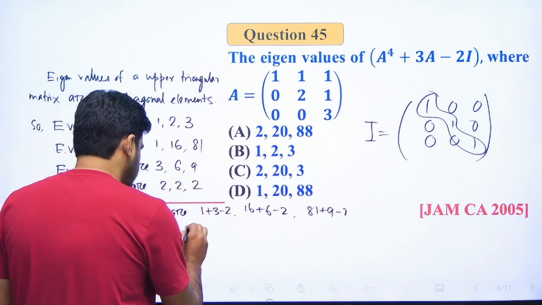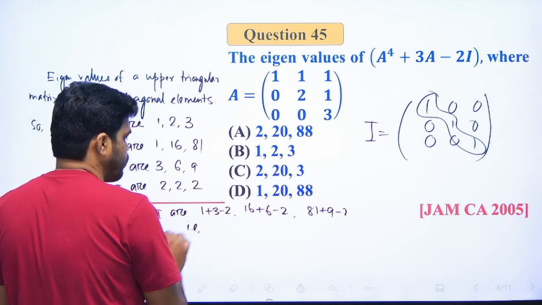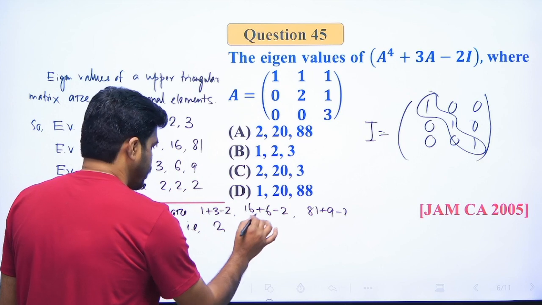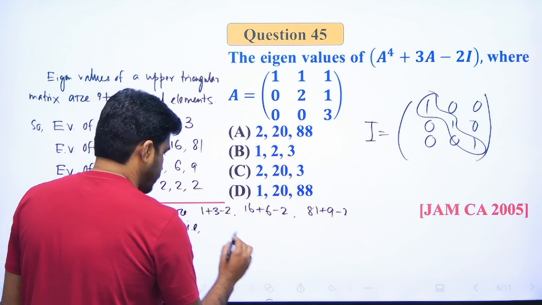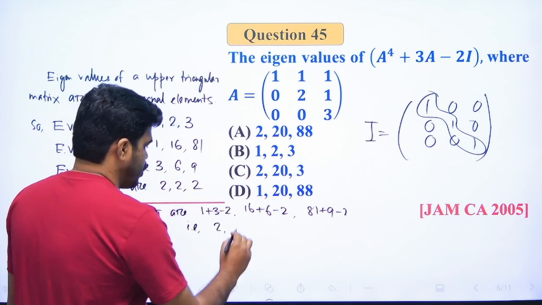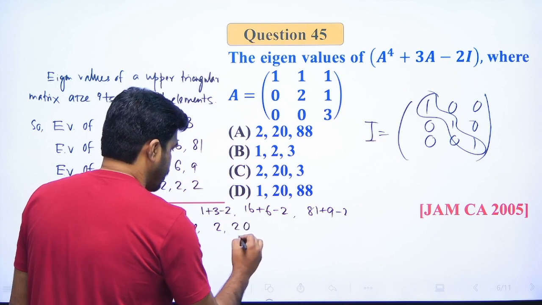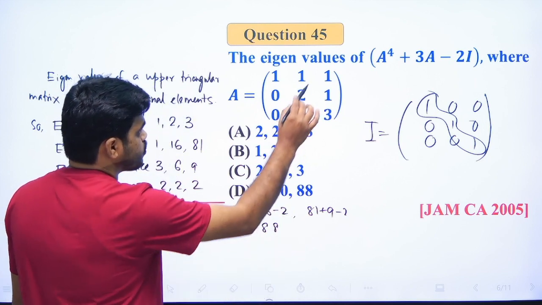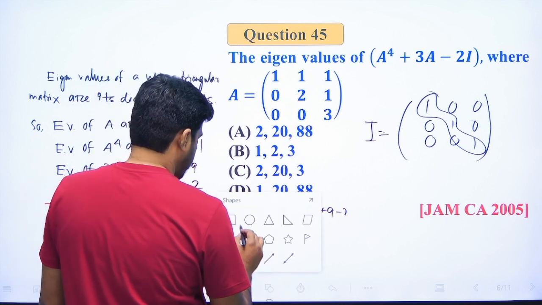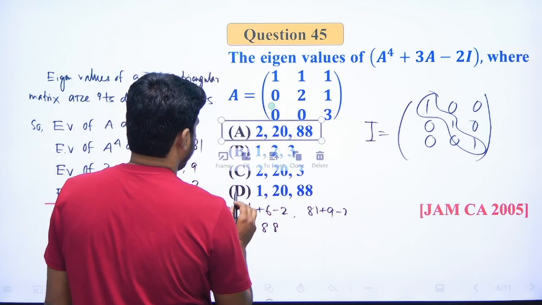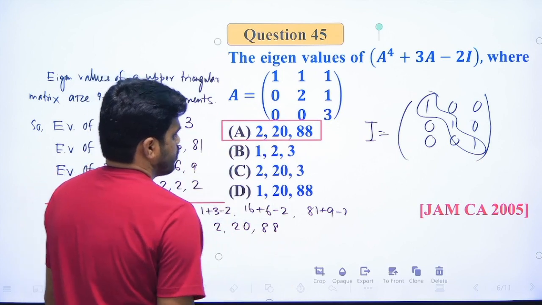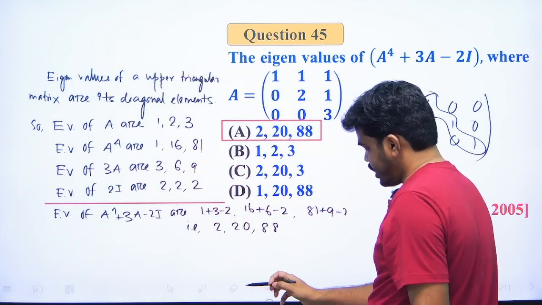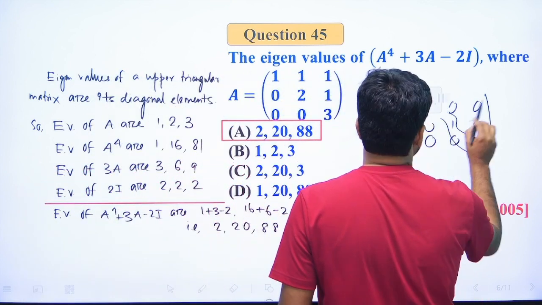So that is 3 plus 1, 4, 4 minus 2 is 2. So 2, comma, 20, comma, 88. So the eigenvalues of these are these, and option A is the correct answer.